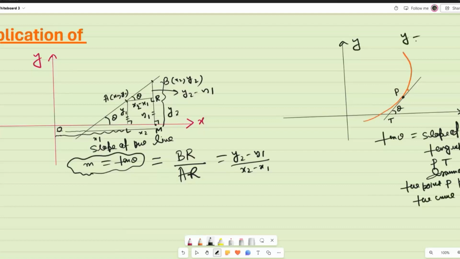The curve is y equal to f(x), any curve. It can represent any curve. Then tan theta is the slope of tangent PT drawn to the curve at the point P.